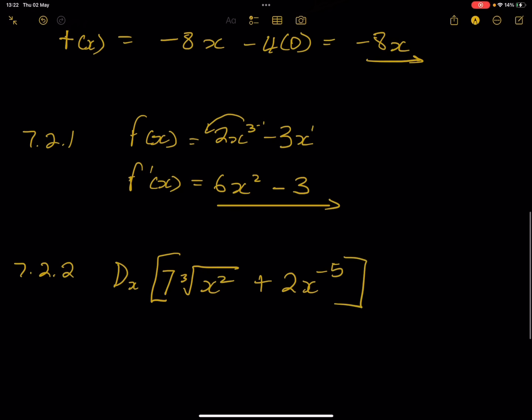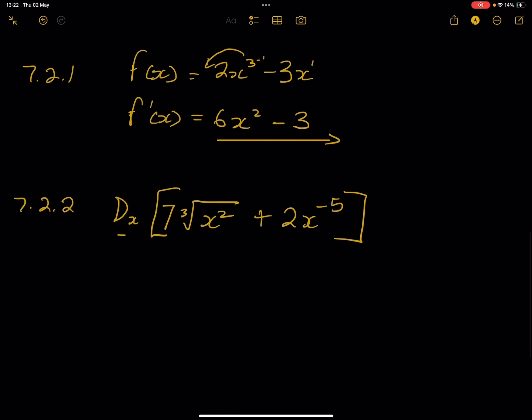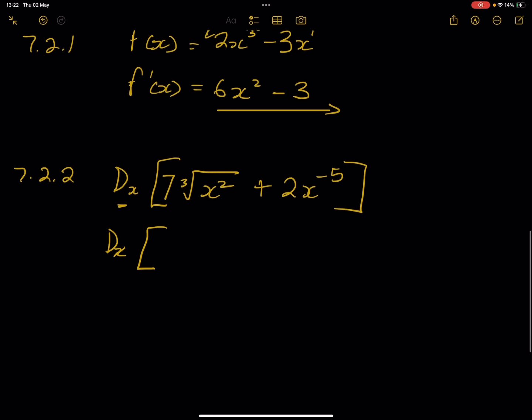Now before you remove this dx, please don't remove it until you've gotten rid of every bracket, gotten rid of x in the denominator and gotten rid of all the surds. So in this case, this becomes 7x, note the surd becomes exponent 2 over 3, plus, in this case, we've got 2x minus 5.